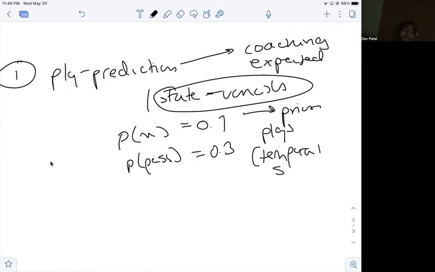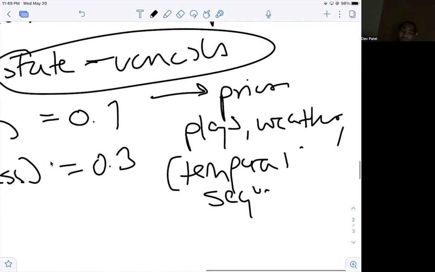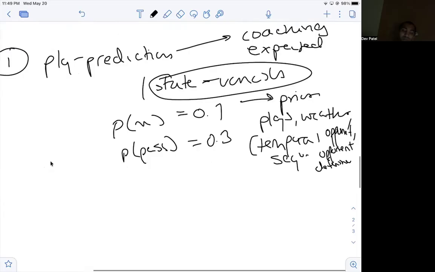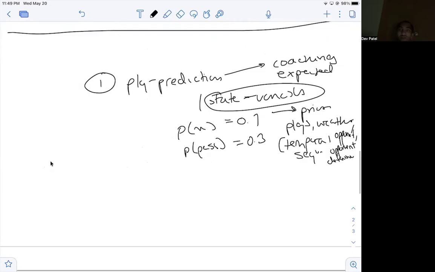We could also include the prior plays, the weather, the opponent, the opponent defensive look on that play. So what is the coach going to call given that situation in that time in the game? Not even what he actually calls, but what is he expected to call?